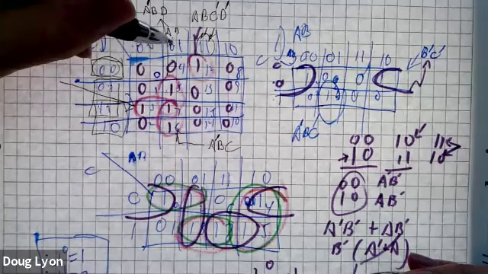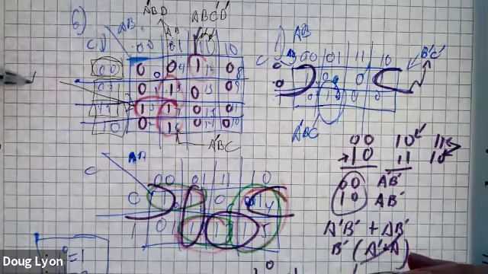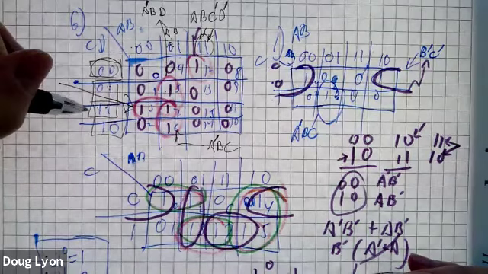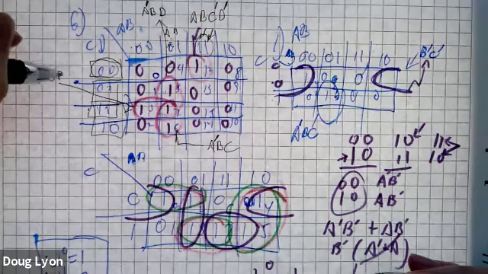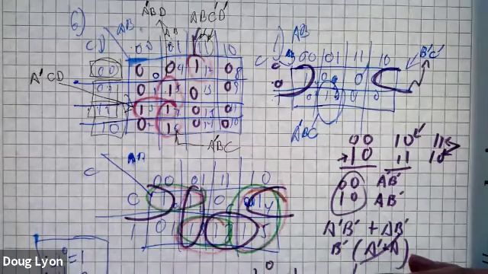Like primed, because it's 0. Right. What about C and D? Are they changing? No. So should I write them here? And what would they be, primed or unprimed? Unprimed. Unprimed is exactly right. That's exactly right.